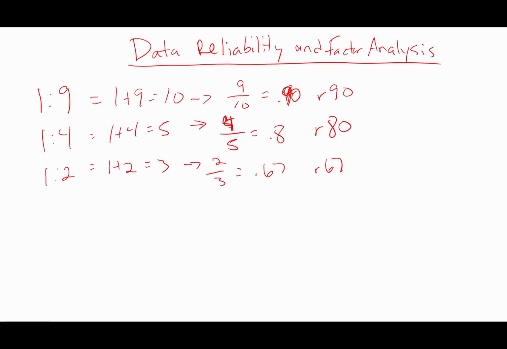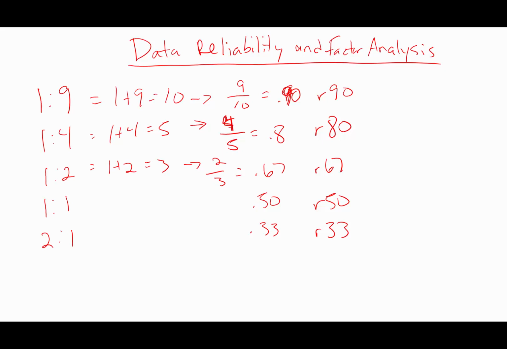And then they did the same thing, continuing with 1 part error variance, 1 part structural. That will lead us to R50, so 0.5. And then we have 2 parts error to 1 part structural, and that's going to give us 0.33, so we're calling that R33.